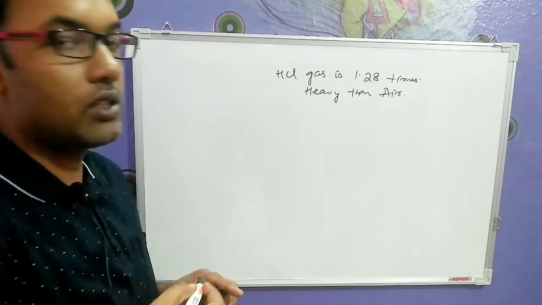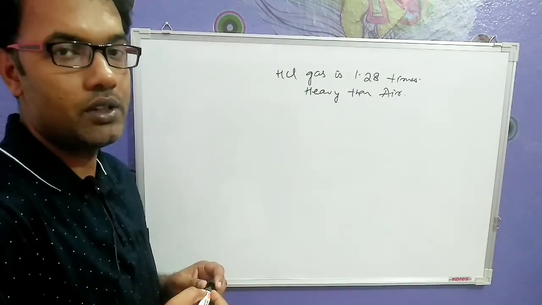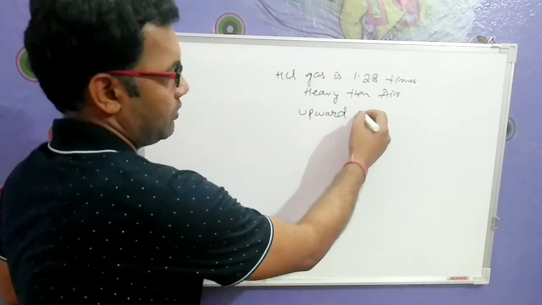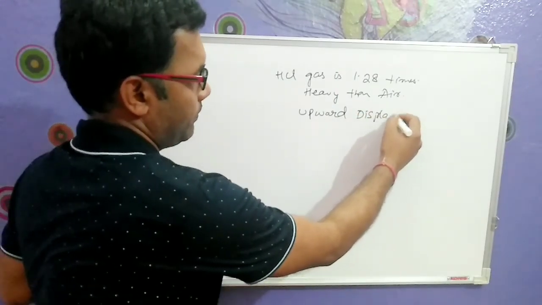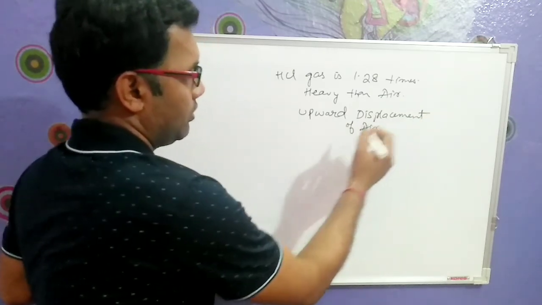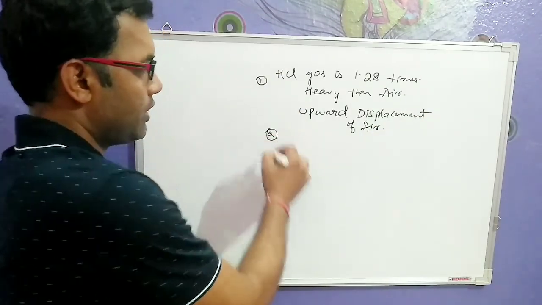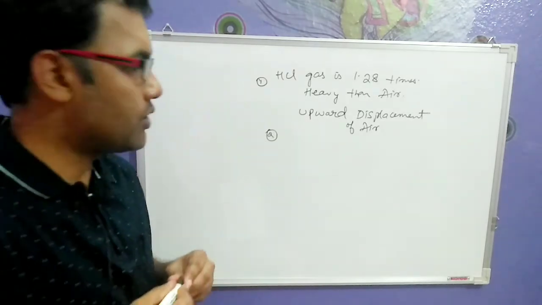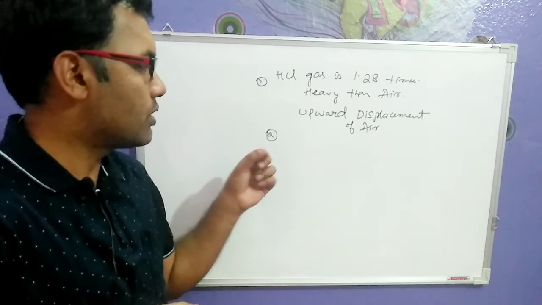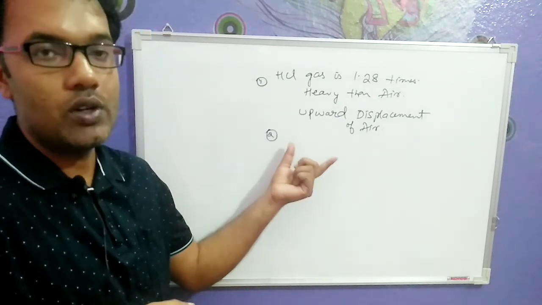So we use the method of upward displacement of air. And the second point in this is that it is not collected over water. Why? Because HCl gas is highly soluble in water.